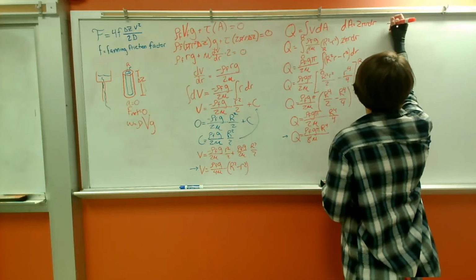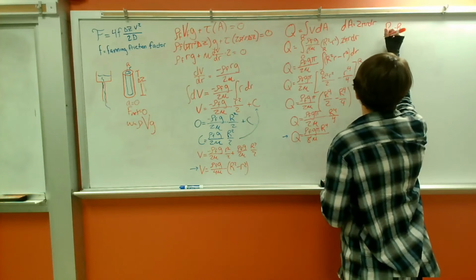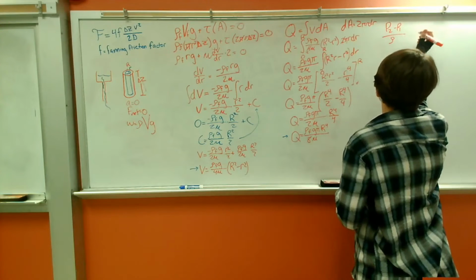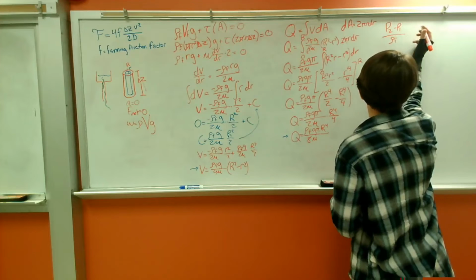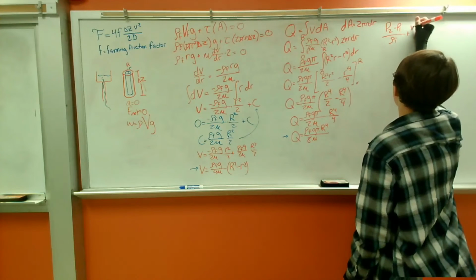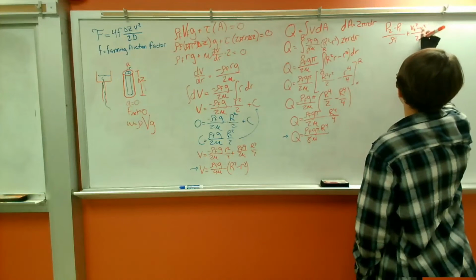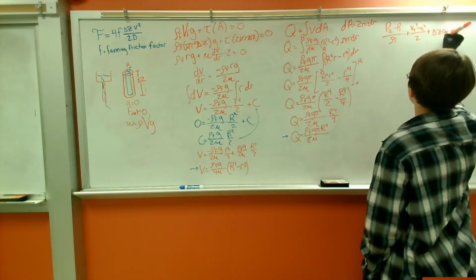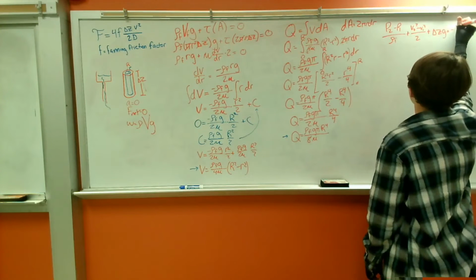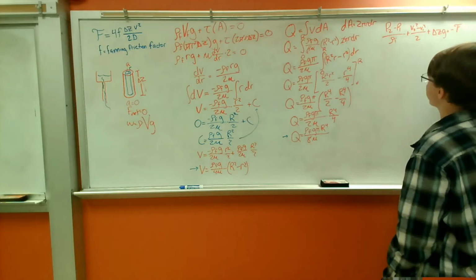So Bernoulli's equation is the pressure at 2 minus the pressure at 1 over the density, which in this case is the density of the fluid, plus velocity 2 squared minus velocity 1 squared over 2, plus delta h times g, which is equal to the negative of the frictional heating.